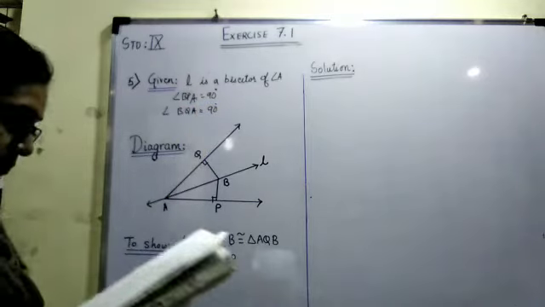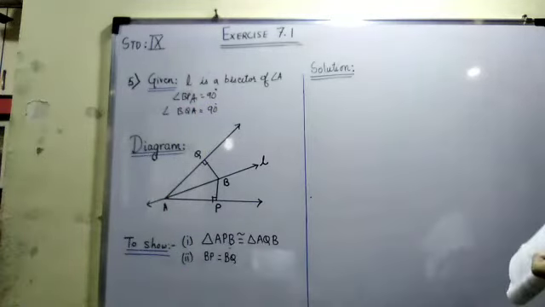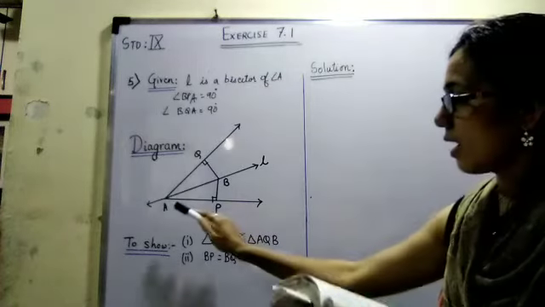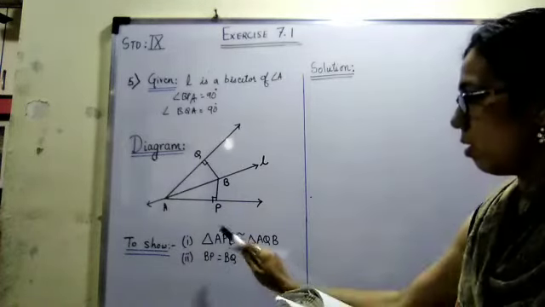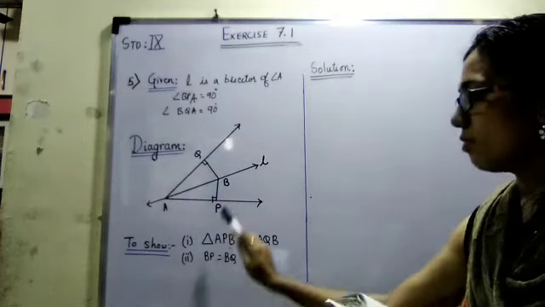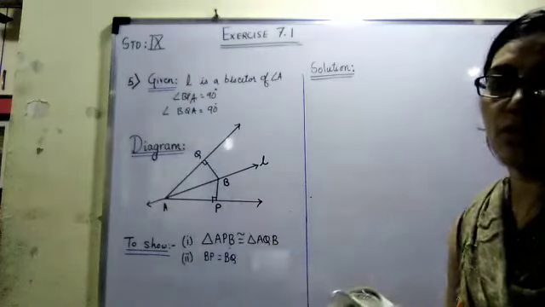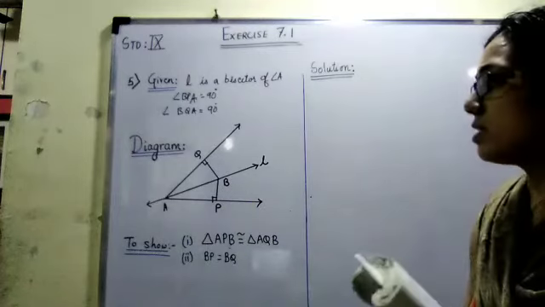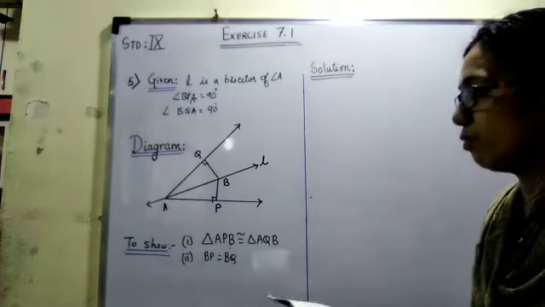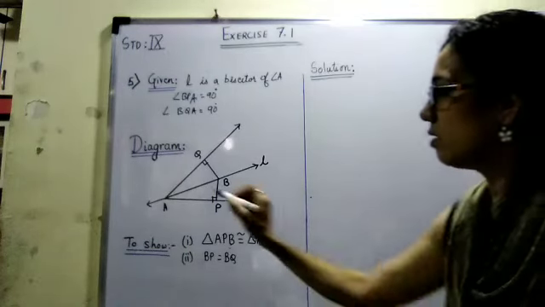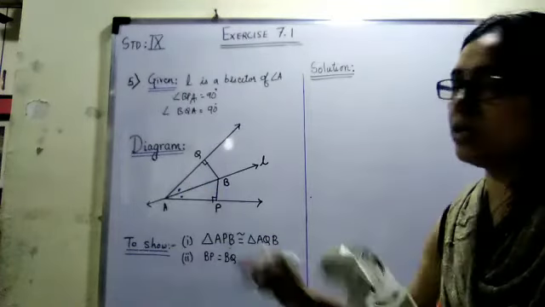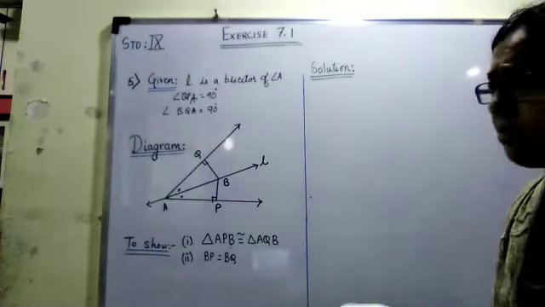This is given. We have to prove that triangle APB is congruent to triangle AQB, and also we have to prove that BP is equal to BQ, that is B is equidistant from both the arms of angle A. This we have to prove. So it is given, it is a bisector, so I can write down these two angles to be congruent. So this is given to us.